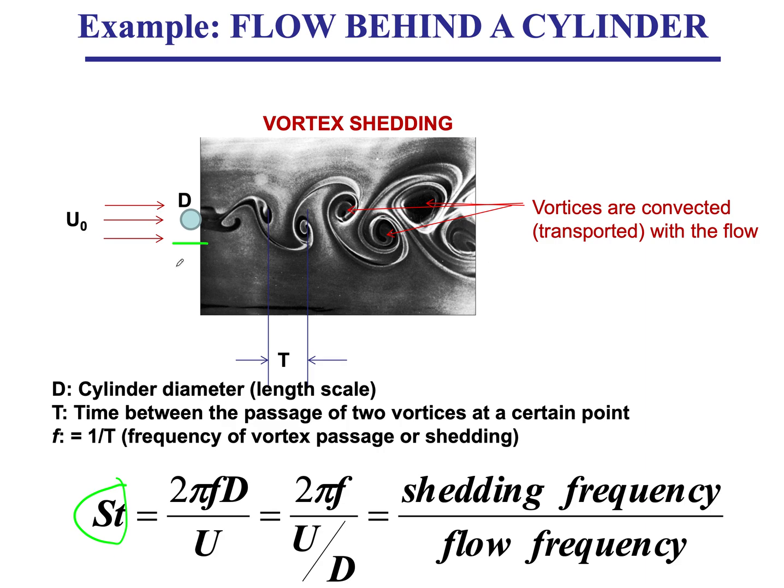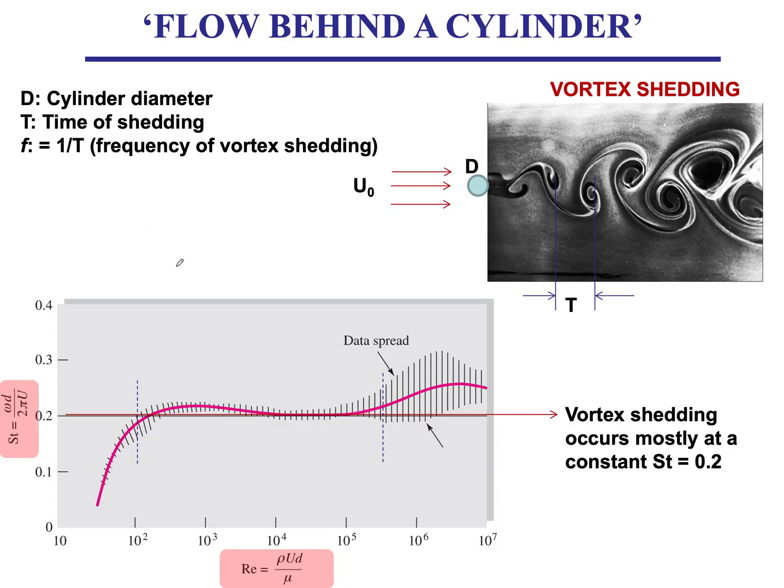So think about that video where we had our cylinder allowed to move in one direction under the effect of the flow. Here's the Strouhal number effect. We have plotted the Reynolds number on one axis, and here we have plotted the Strouhal number.